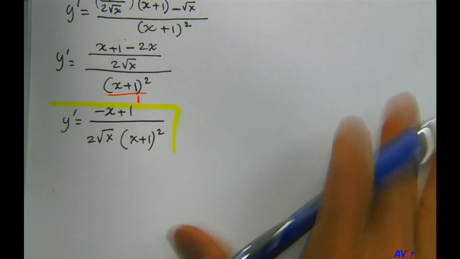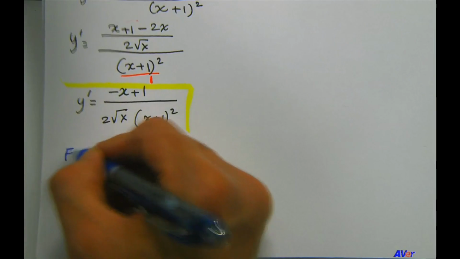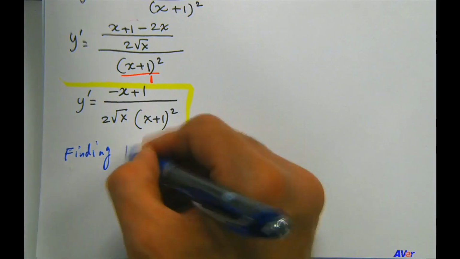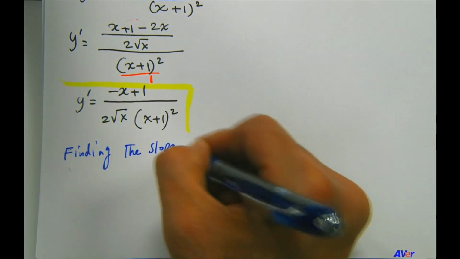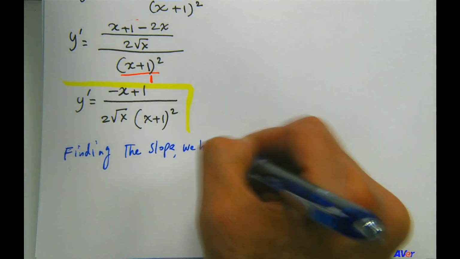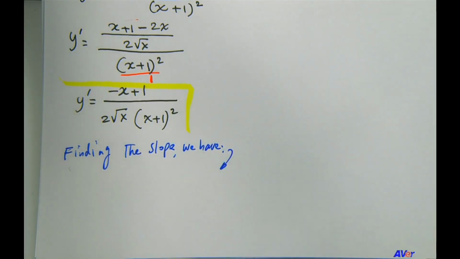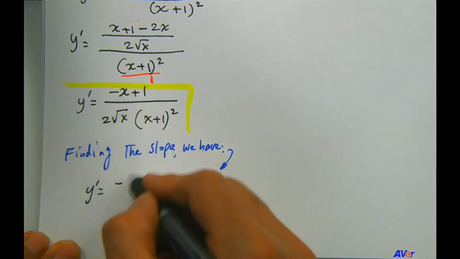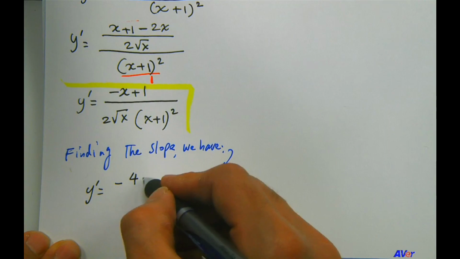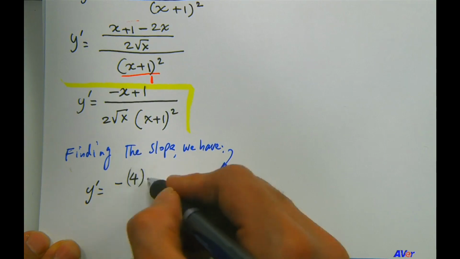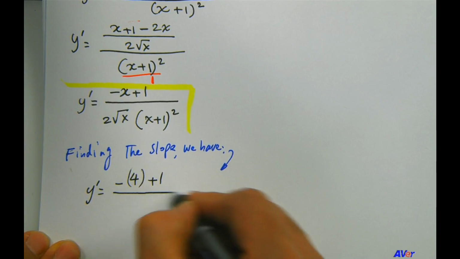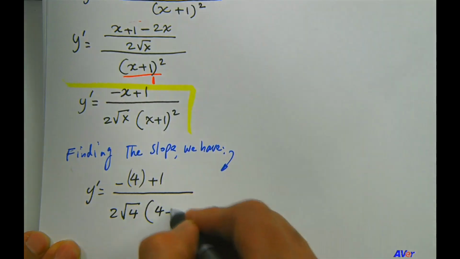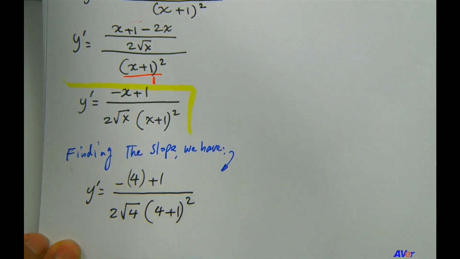So finding the slope, we have the following. So y prime, just put in 4 wherever you see x: minus 4 plus 1 divided by 2 square root of 4 times 4 plus 1 squared, right?